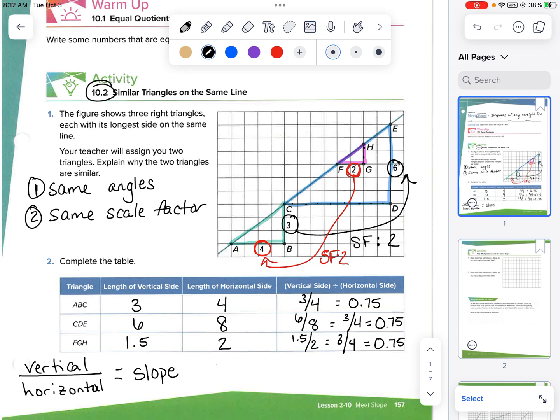So whenever we are given a straight line, we can create triangles, right triangles, and find our vertical and our horizontal side lengths. This is also called rise over run, and that also will give you your slope. Maybe take a minute to pause your video and make sure you have everything written down on this page. When you're ready, resume the video and turn to the next page.